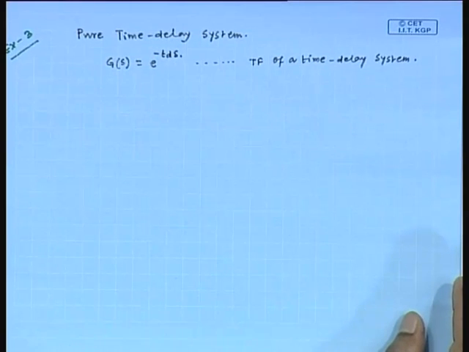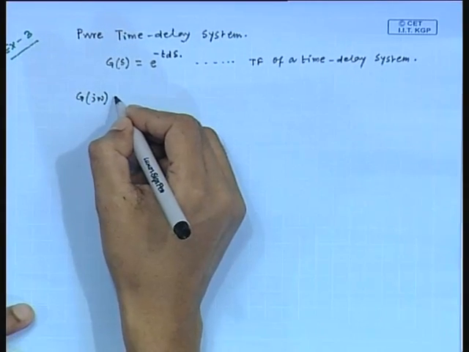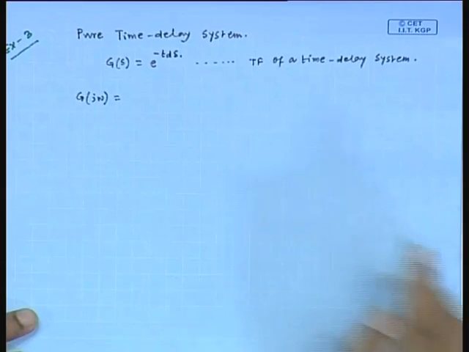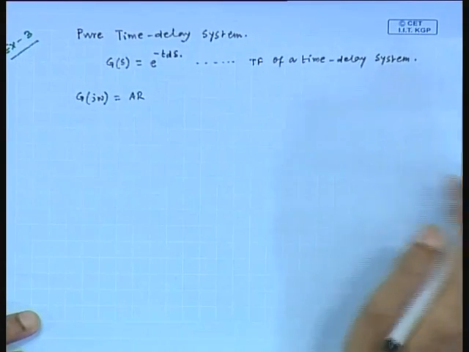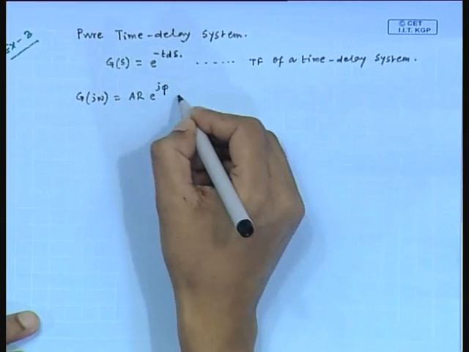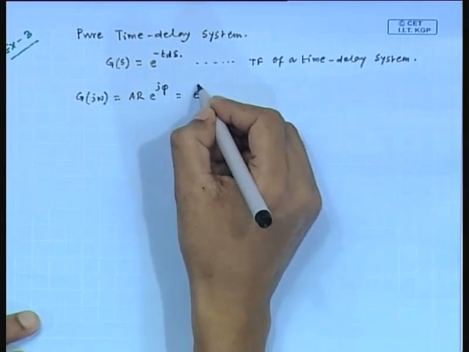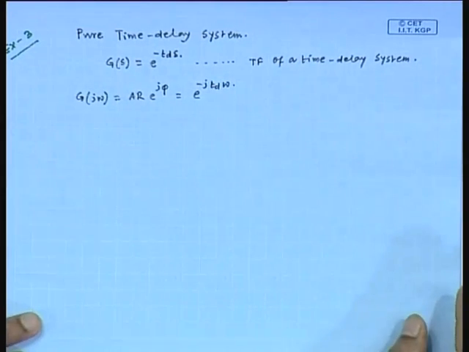So, what is the amplitude ratio then? We can directly represent this transfer function in polar form. If we express the frequency response transfer function, we obtain G(j omega) equals amplitude ratio exponential of j phi equals exponential of minus j T_D omega.